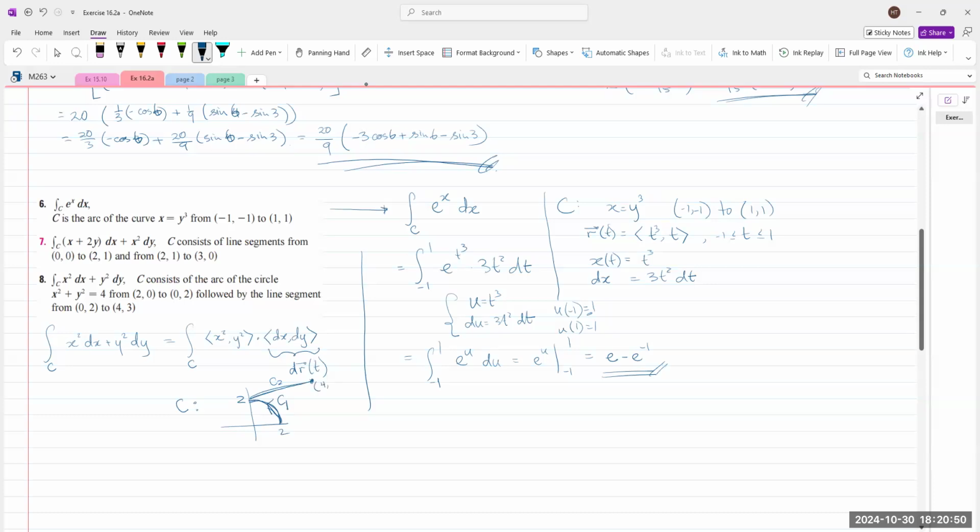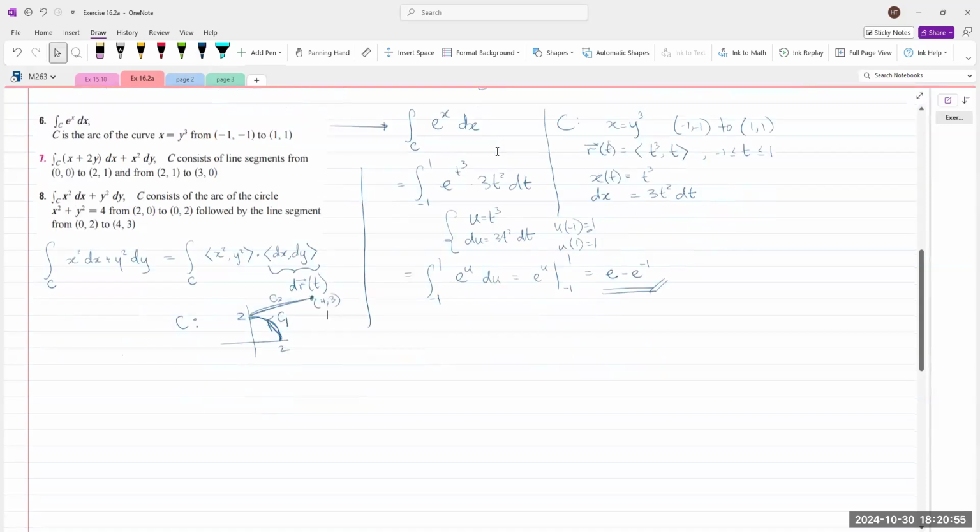This is (4, 3). I see. Okay, so it seems like we need to do the C1, which is parameterized by r1(t), that is (2 cosine t, 2 sine t), where the t is from 0 to pi over 2. Okay, and then for C2, call that r2(s). Don't use s, maybe t1, t2 then. I may get confused.